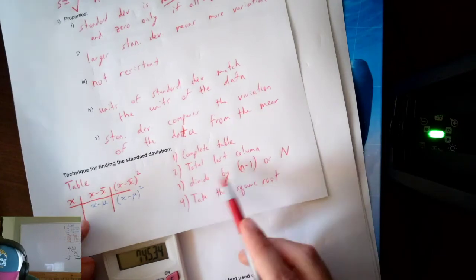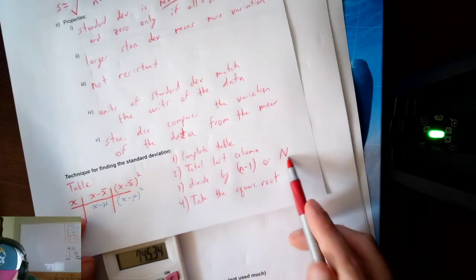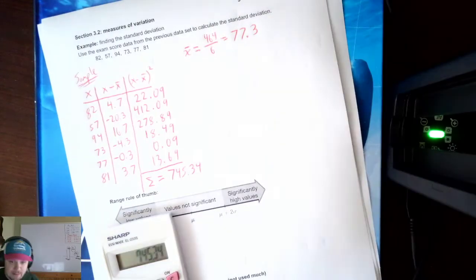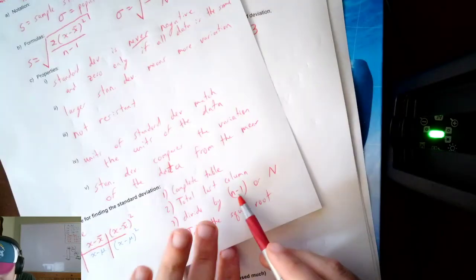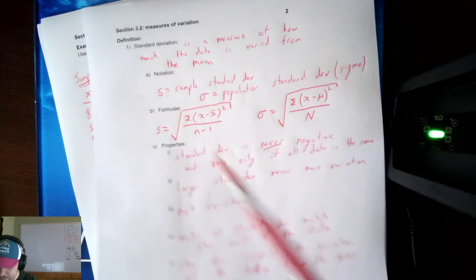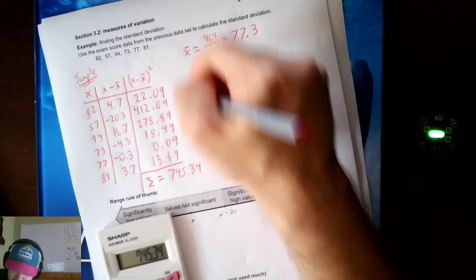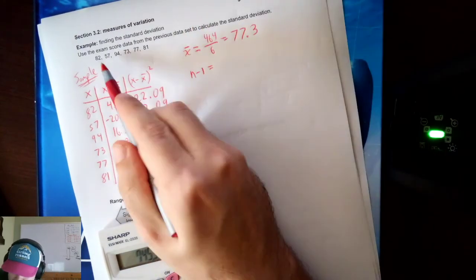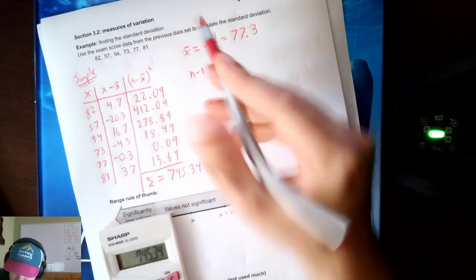Step 3 says divide by little n minus 1 or big N. This is where I need to remember I'm using a sample again. Remember, with samples, you do little n minus 1, right? That's what's in the formula. With populations, you do big N. So for samples, I need to know what n minus 1 is equal to. Well, n is 6, right? There's 6 data values.